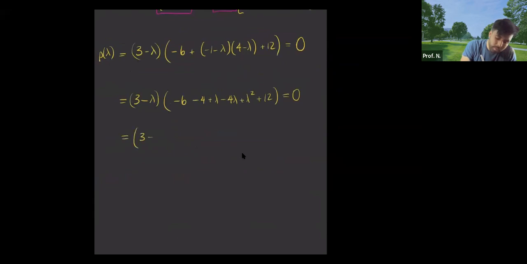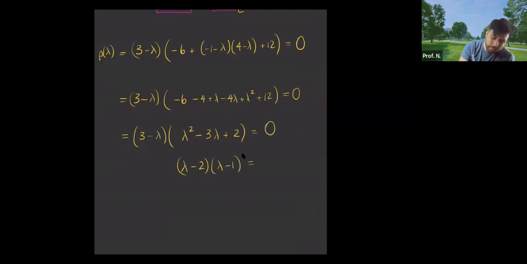So this is 3 minus lambda times lambda squared minus 3 lambda, plus 2. That's nice, because now I can factor that out. I can take lambda minus 2, lambda minus 1.